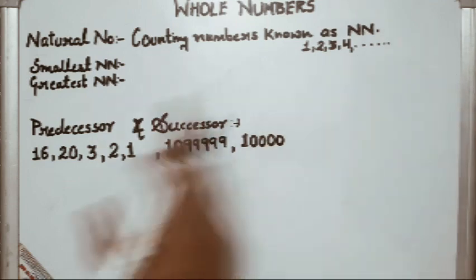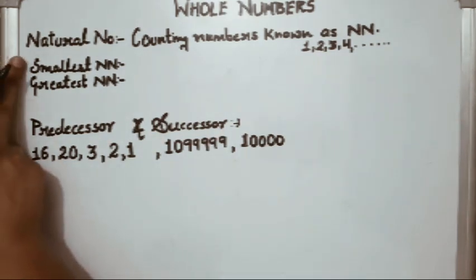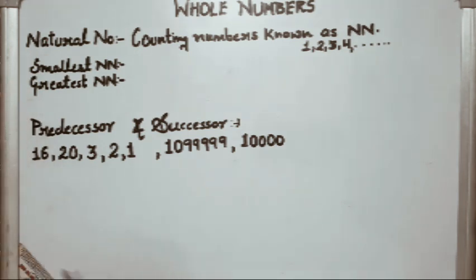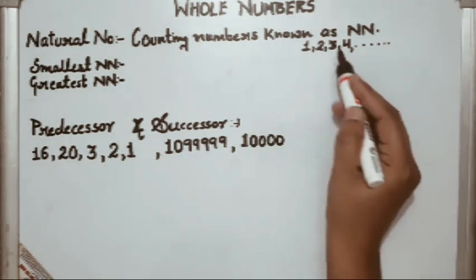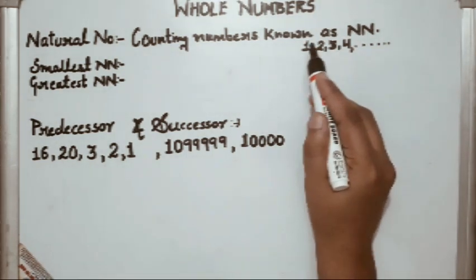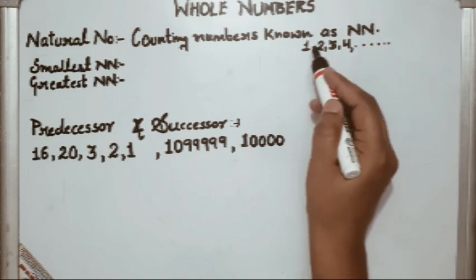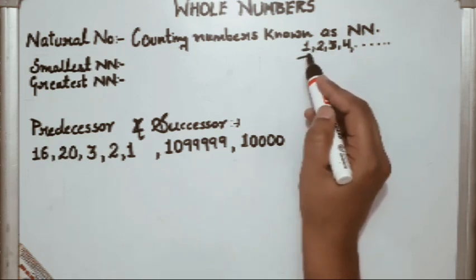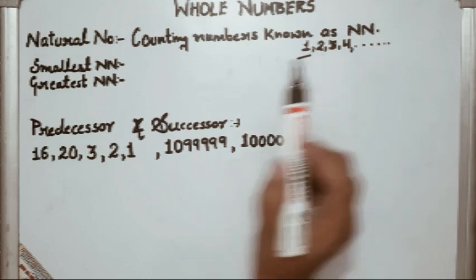Now, if someone asks you what is the smallest natural number and what is the greatest natural number, what will your answer be? Now see, the smallest numbers are always on the left hand side. So the most left number is 1. So 1 becomes the smallest natural number.